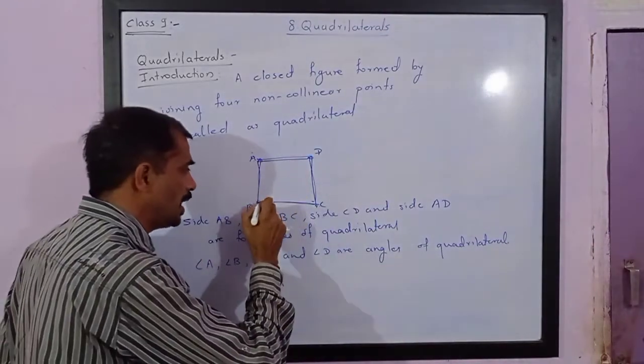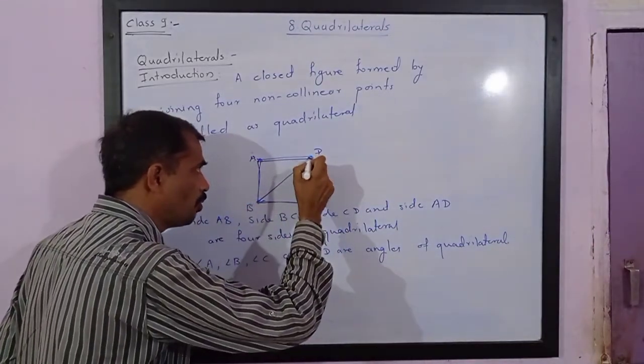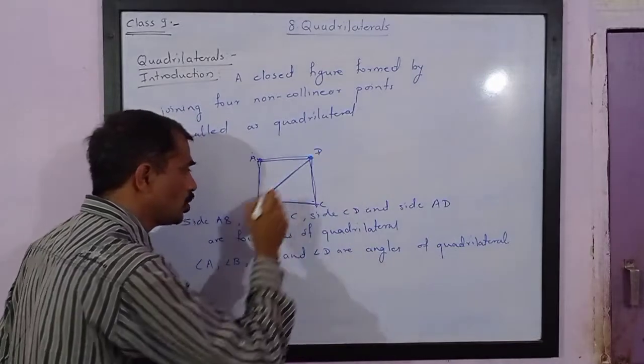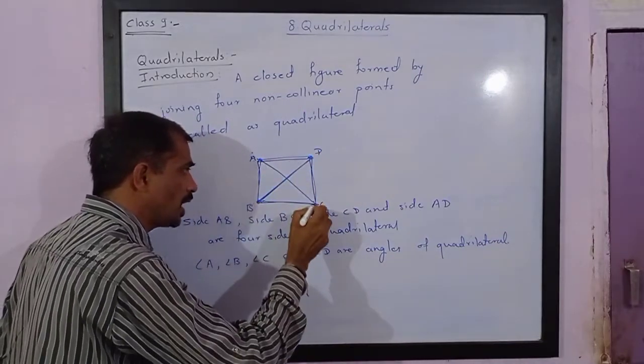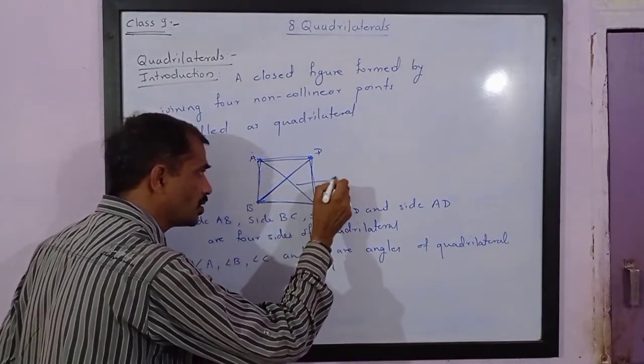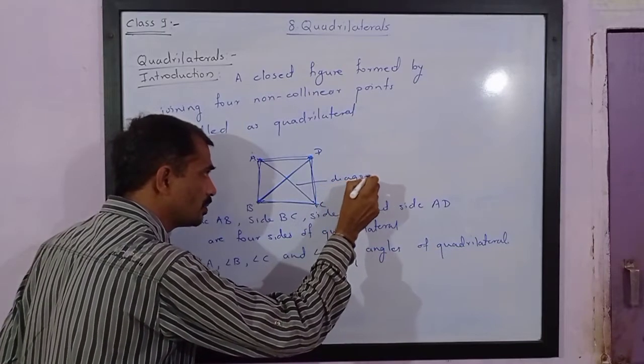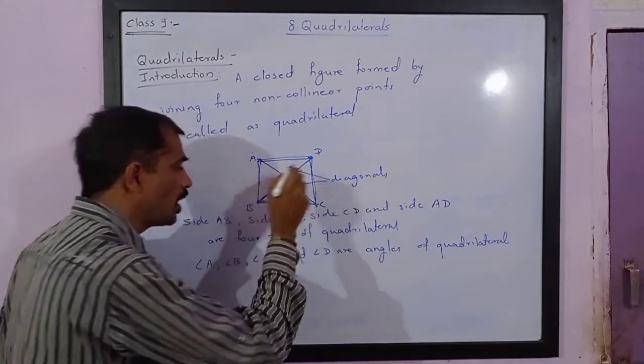A segment joining opposite vertices is called a diagonal. So both of these are called diagonals.